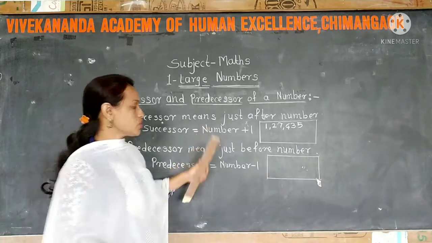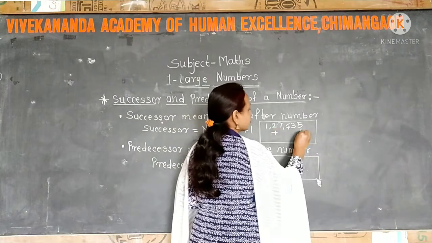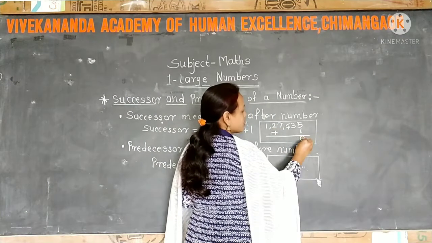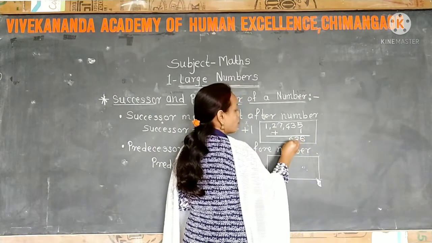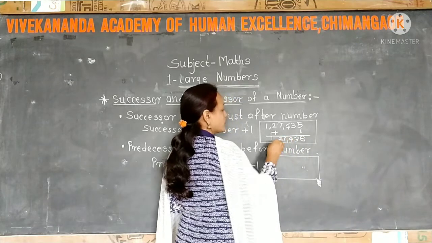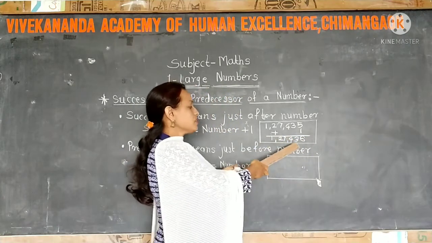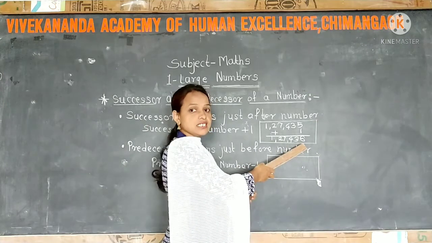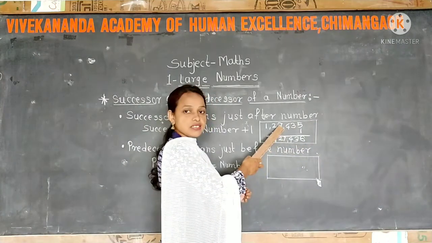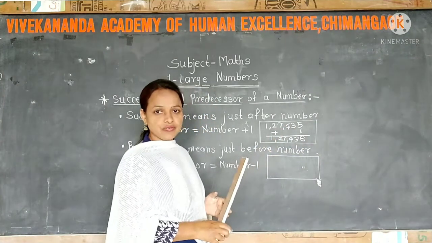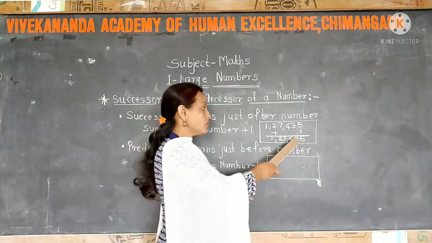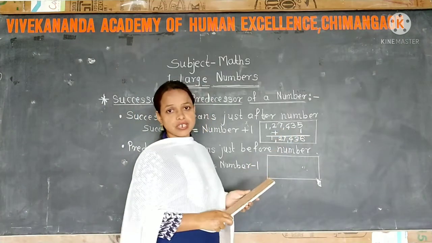By adding 1. So we will get 1,27,436, which is the successor of 1,27,435. In this way, by adding 1, we will get the successor of a given number.